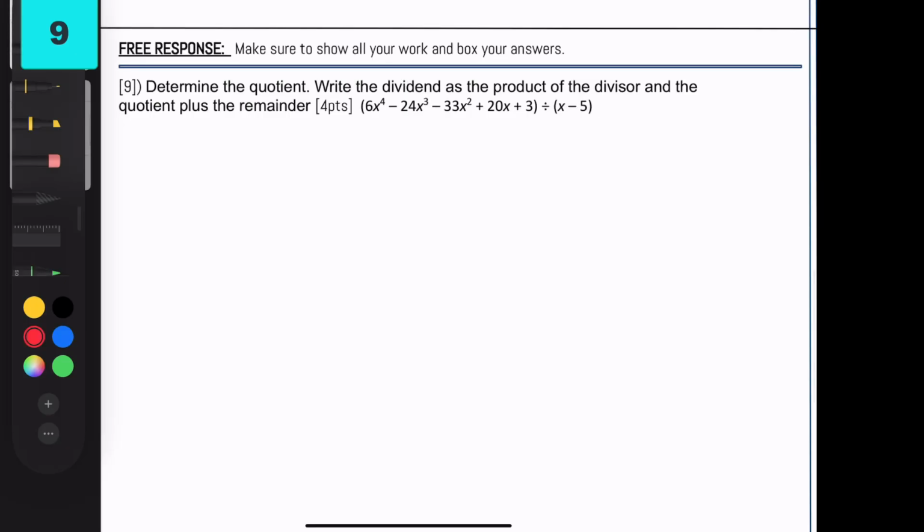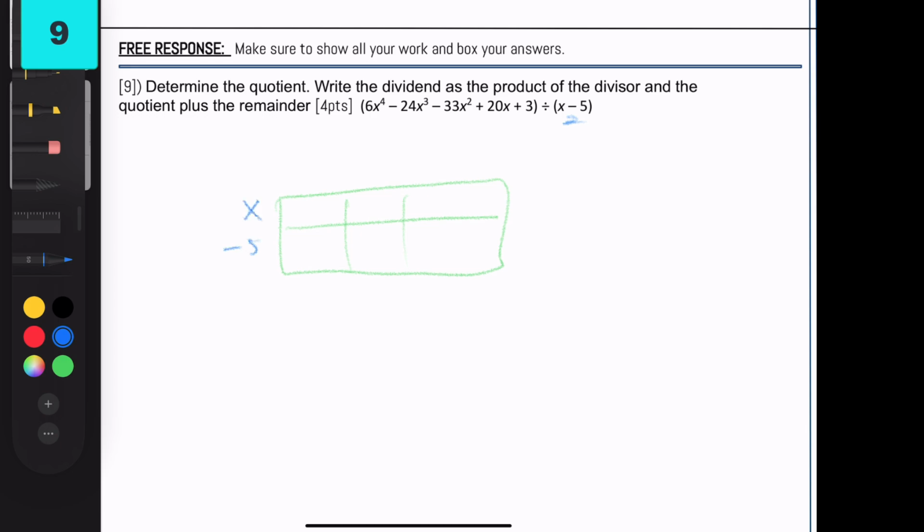The dividend is a product of the divisor, so let's just do this using the box method. And this is going to go on the outside. And this is probably the most important one. 6x to the 4th goes on the inside.